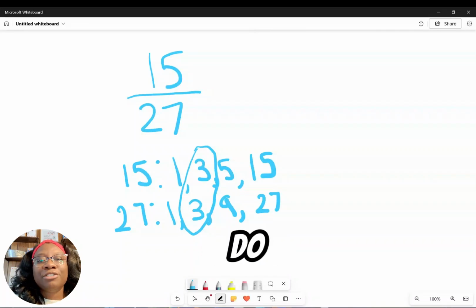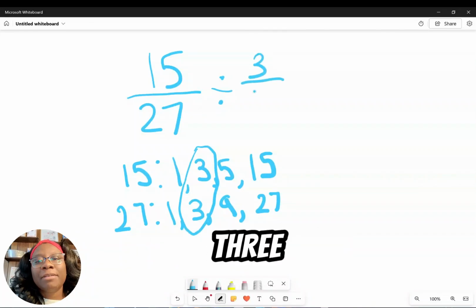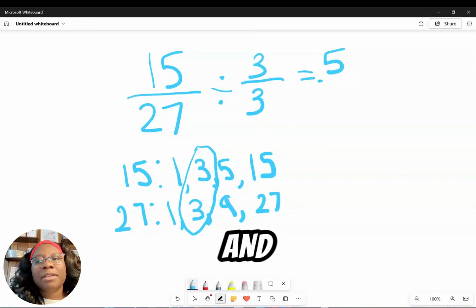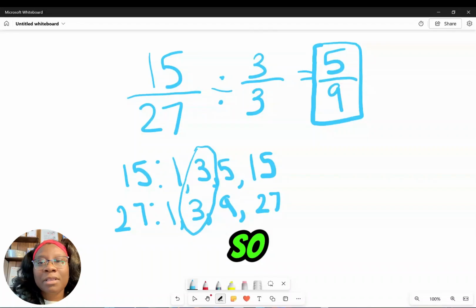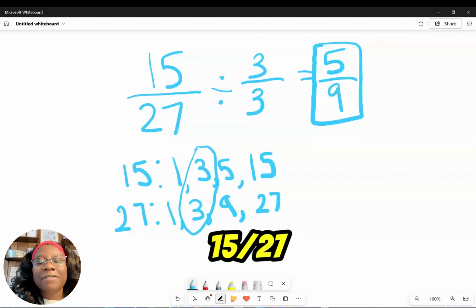So what I'm going to do now is divide both the numerator and the denominator by 3. 15 divided by 3 is 5, and 27 divided by 3 is 9. So 15/27 simplified is 5/9.